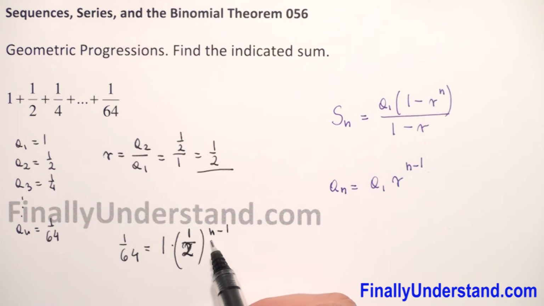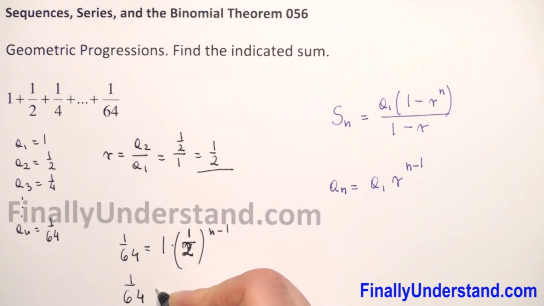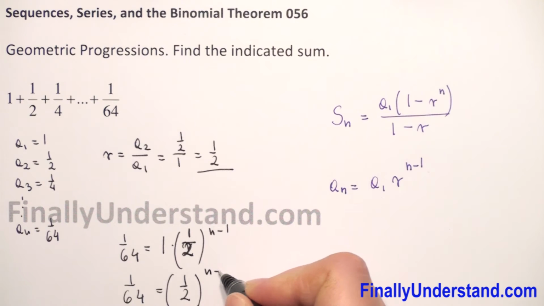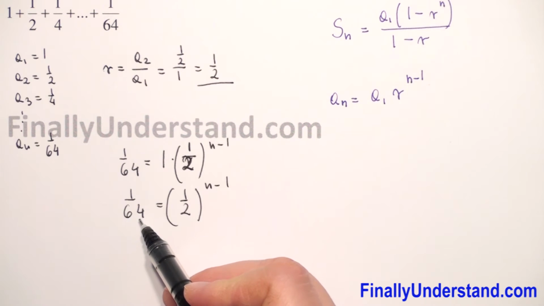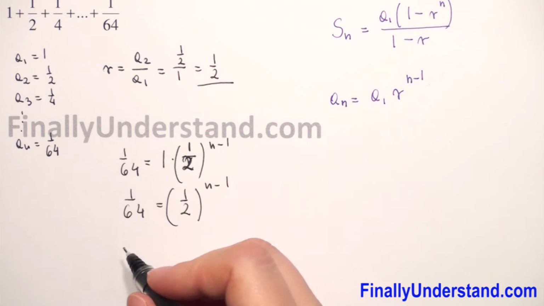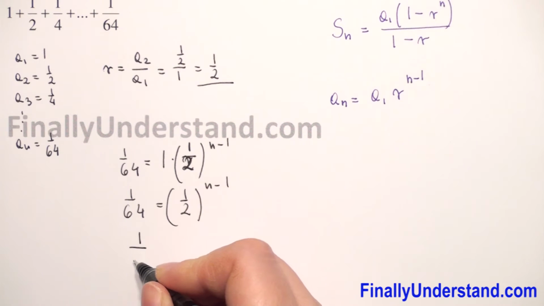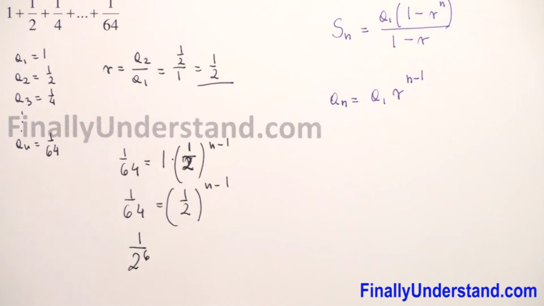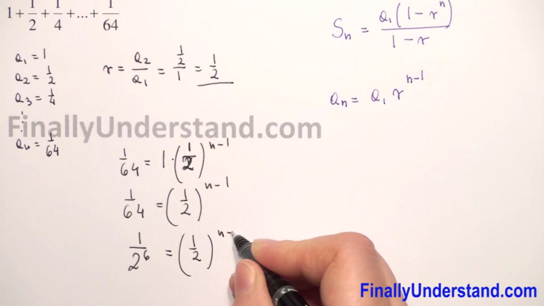Our unknown is only n in this equation. 1 times this expression is still the same expression, so we copy the left side, and we have (1/2) to the power n minus 1. In the numerator we have 64, and we know that 2 to the power 6 gives 64, so I can rewrite the left side as 1 over 2 to the power 6. This is equal to (1/2) to the power n minus 1.